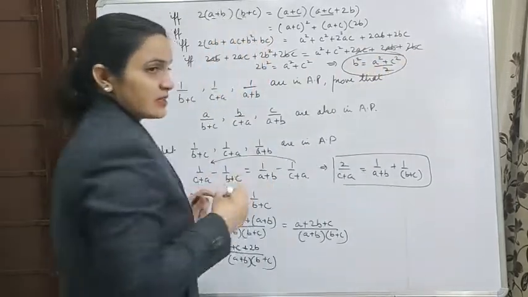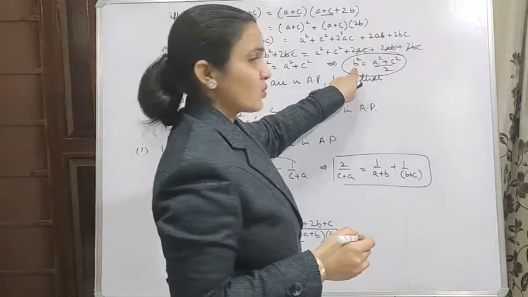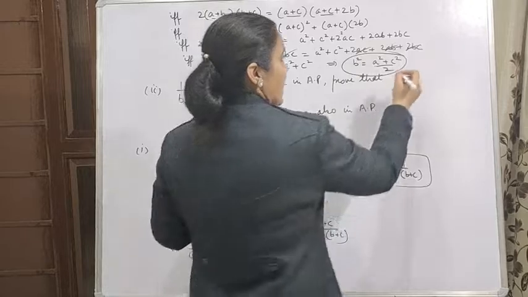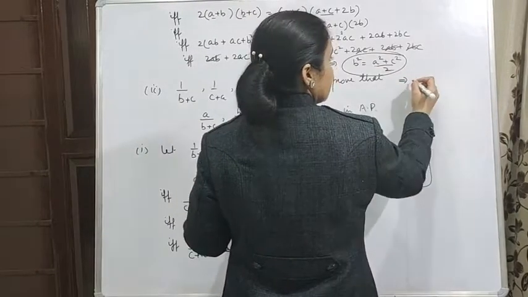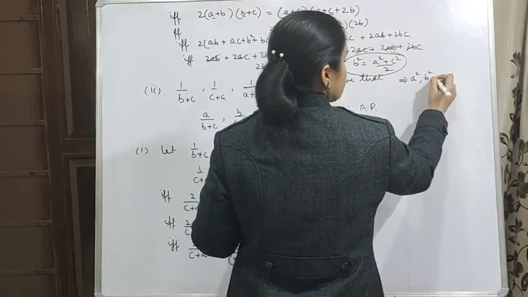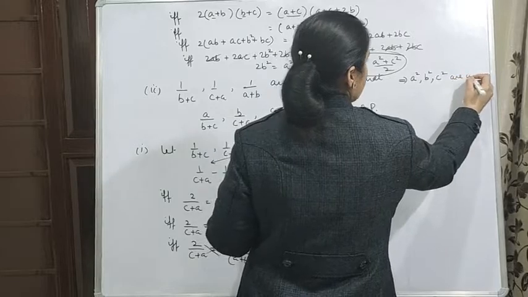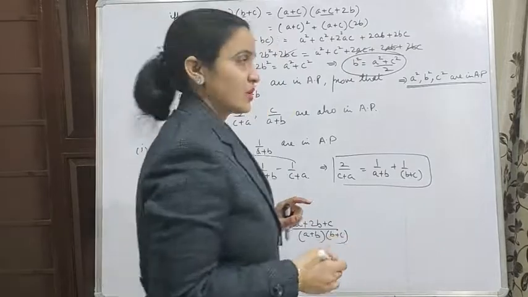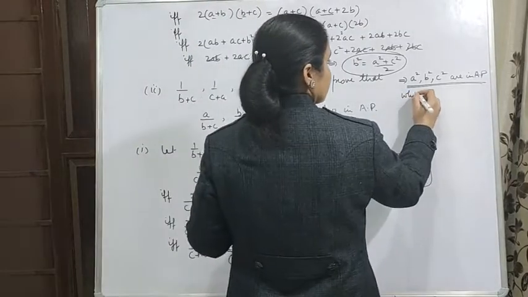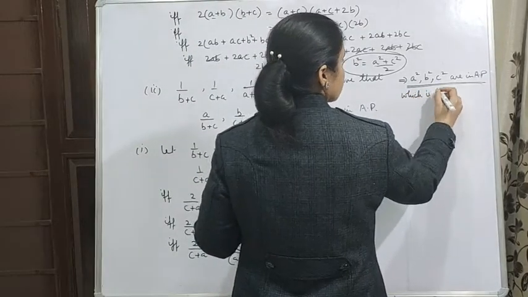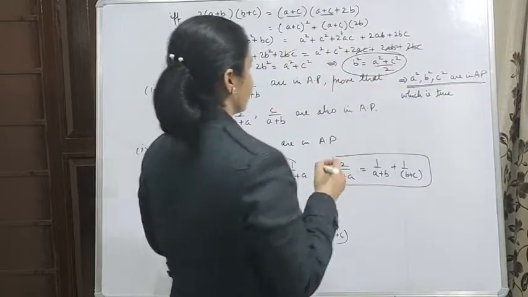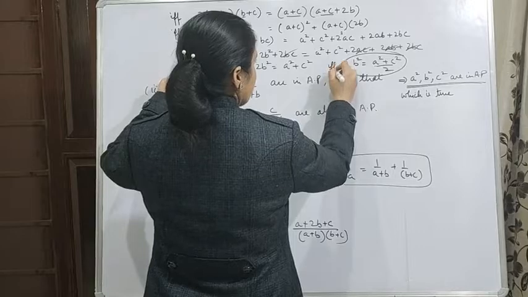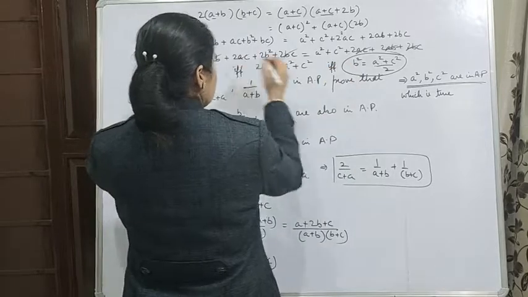What does this mean? This means that b square is arithmetic mean between a square and c square, and this is only possible if a square, b square and c square are in AP, and this is true. It is given to you, which is true. So here, instead of implies, we will take if and only if.